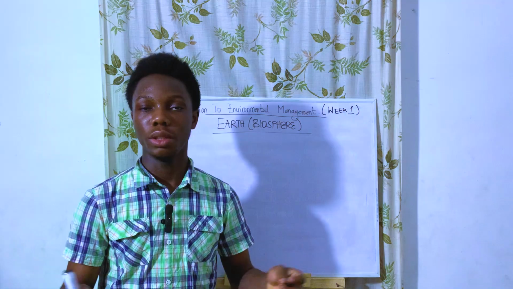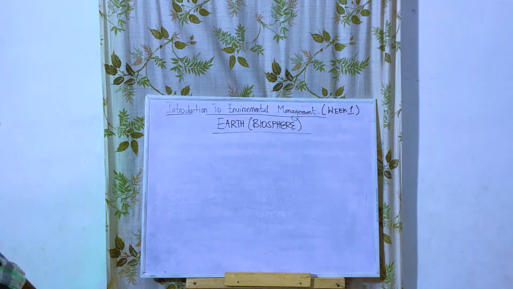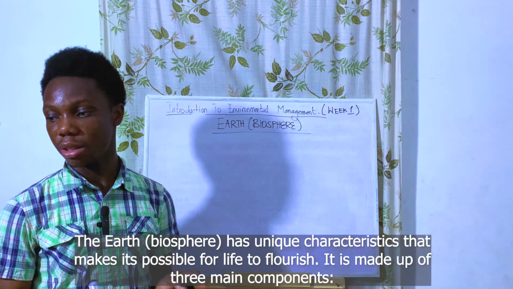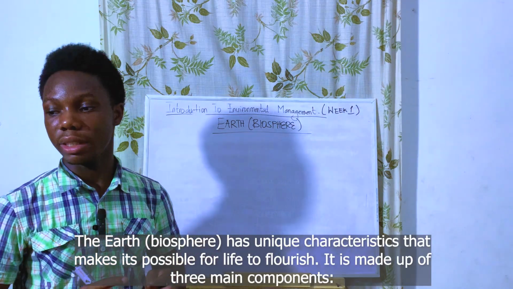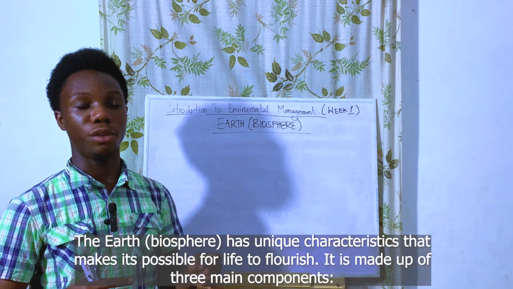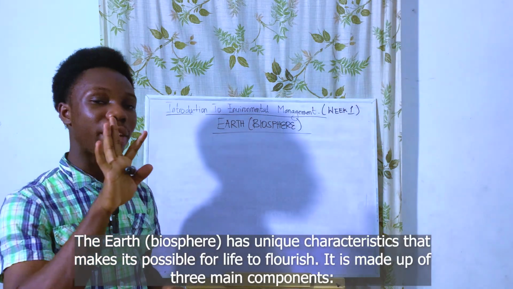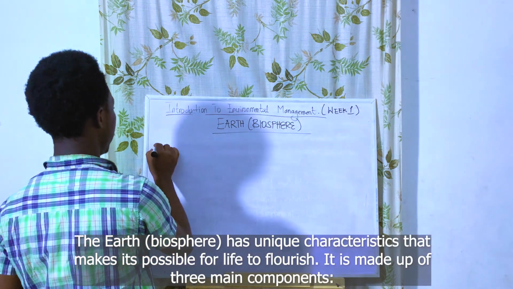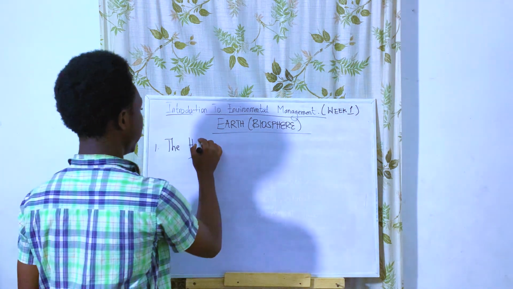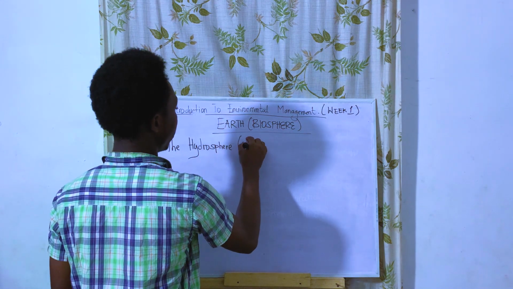Now let's move on. So now let's move to Earth or biosphere. So when we say Earth or biosphere, it has unique characteristics that make it possible for life to flourish. So it is made up of these three main components. So the Earth is unique for it supports life. Yes, it supports life. We have one, the hydrosphere, in brackets, water.